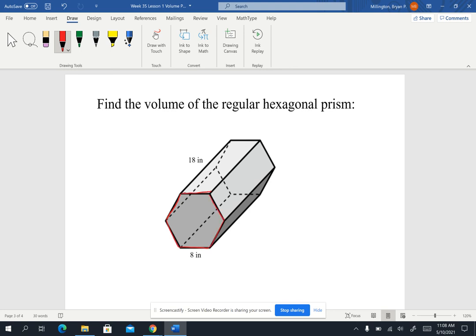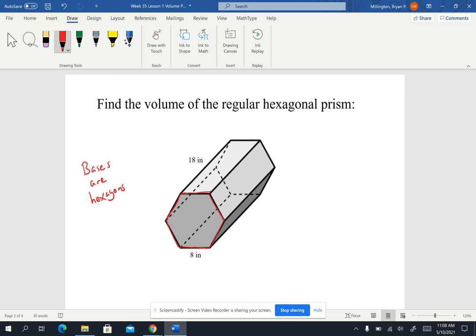So the bases are the hexagons, which I'm writing out because that can be confusing, because sometimes when people think base, they think that has to be what's on the bottom. And the way that this is drawn, the hexagons are not drawn on the bottom. They're kind of drawn facing you, right?